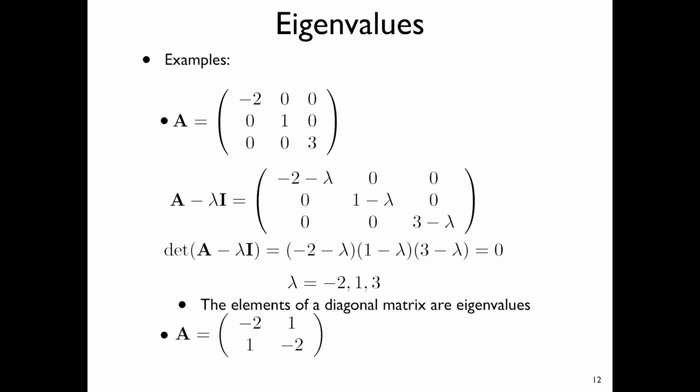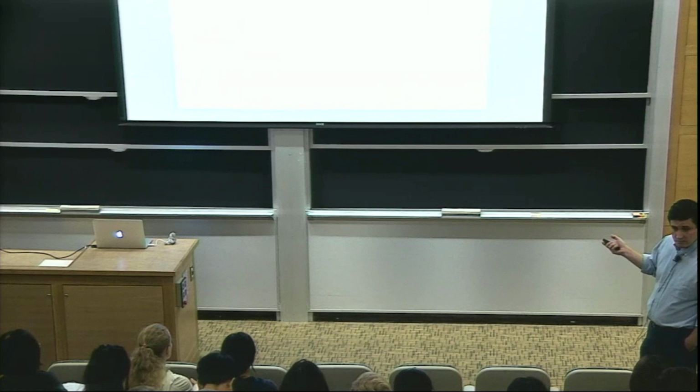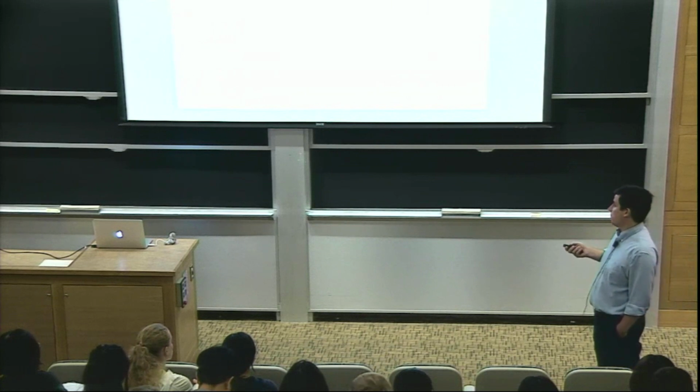The determinant of a diagonal matrix like this is the product of the diagonal elements. So it's -2 minus lambda, times 1 minus lambda, times 3 minus lambda, and this has to be equal to 0. So the amounts of stretch, the eigenvalues, imparted by this matrix are -2, 1, and 3. We found the eigenvalues.